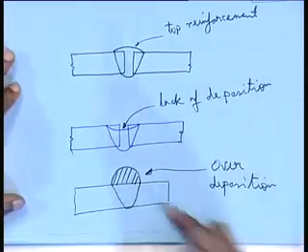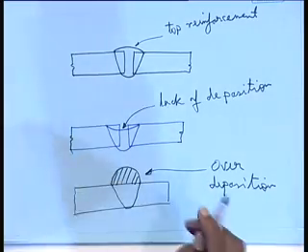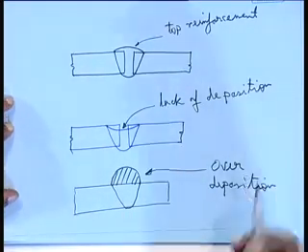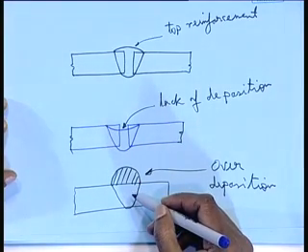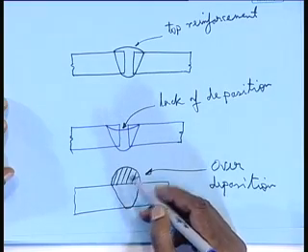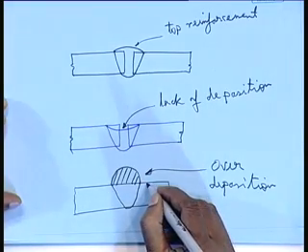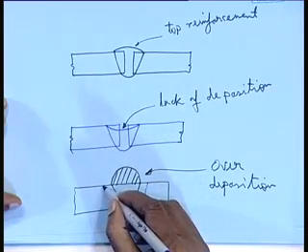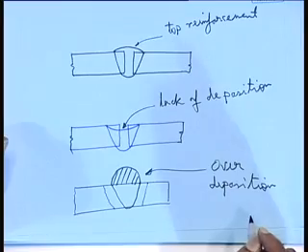Firstly, it is unnecessary, too much heat has gone into the structure. Extra metal has been deposited, which means extra heat has gone there. So, that already has an adverse effect by increasing the heat affected zone. The heat affected zone will be more.